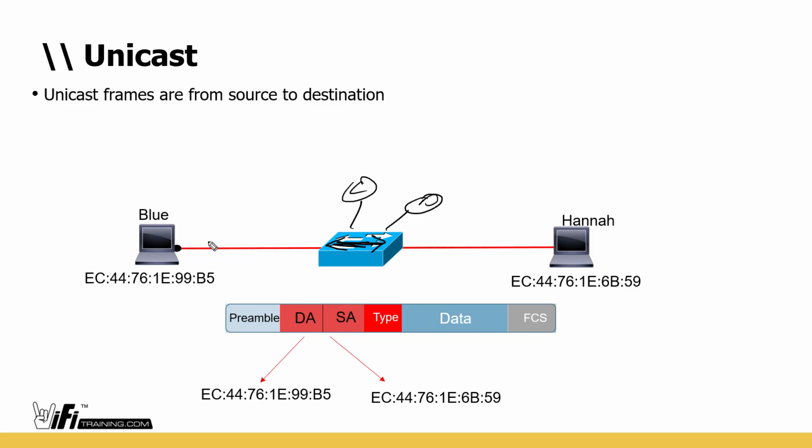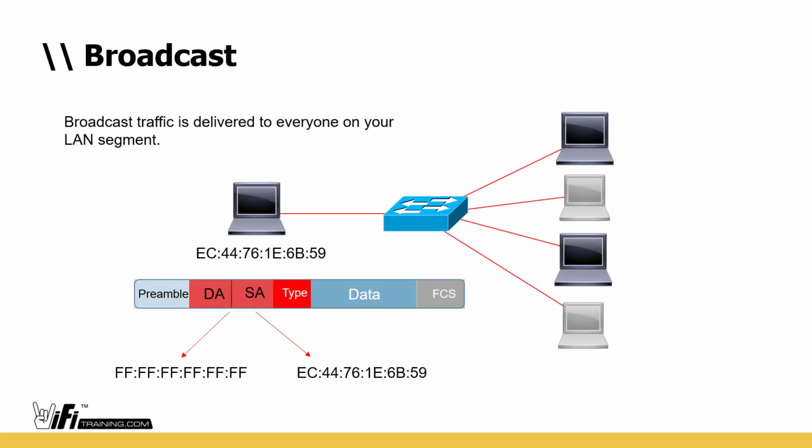Whenever Blue sends that frame, it would actually get replicated to everybody, because that's what hubs do. They repeat the packet. They repeat that data. Switches, I can forward frames directly to other stations if I know their layer 2 address. So switches are much better than hubs, and we'll talk more about that as we go forward, but I just wanted to bring that up now.